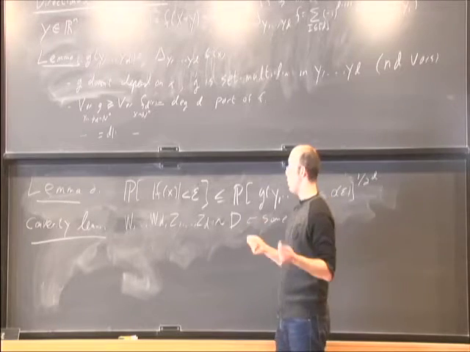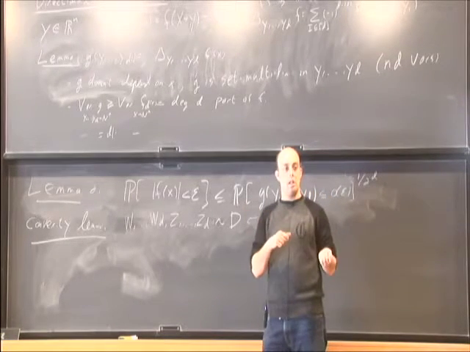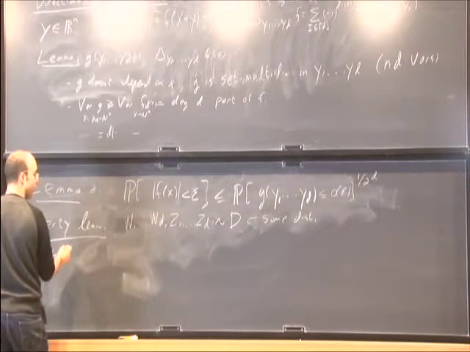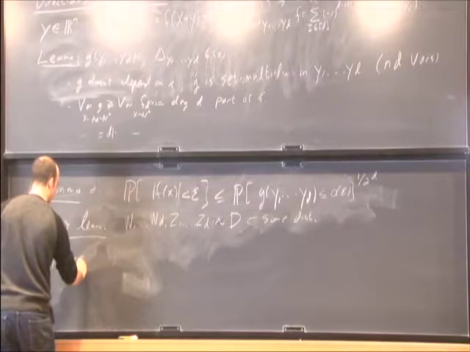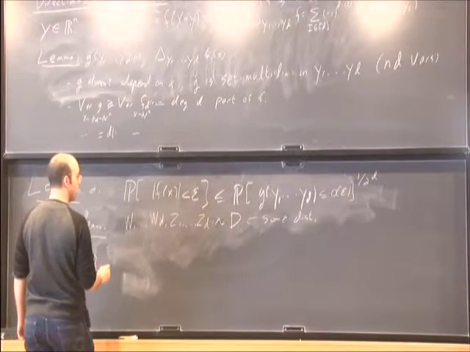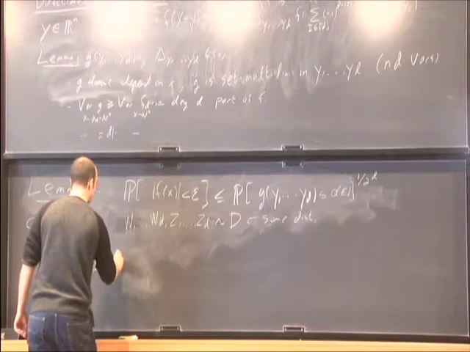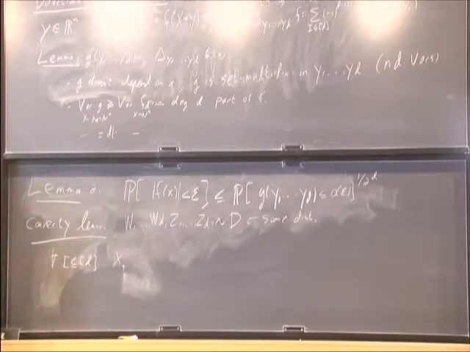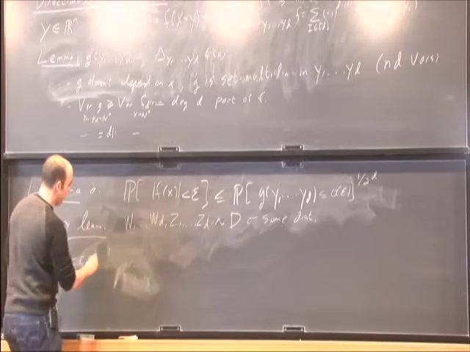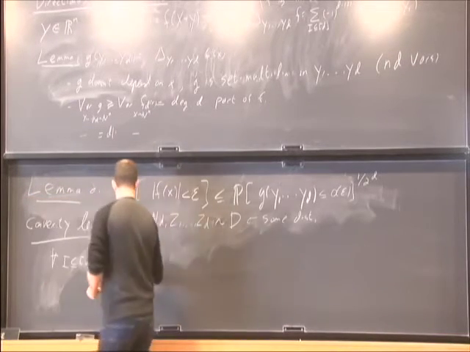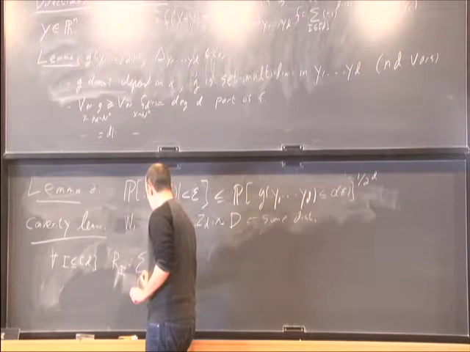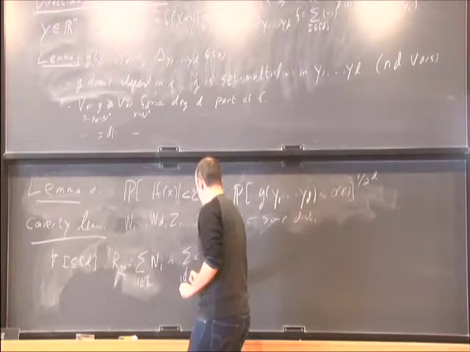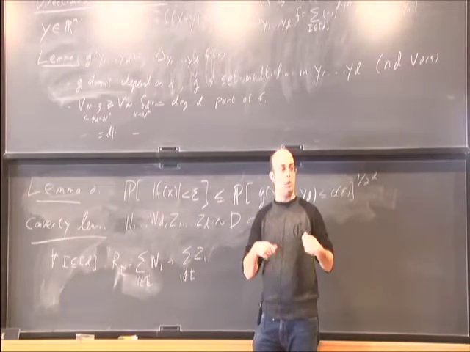And we're going to look at all the partial sums where every time we take either w1 or z1, w2 or z2, and so on. So for every I subset of d, let's define R capital I to be the sum of all wi, i in I, plus the sum of all zi, i not in I. So every time you're summing either w1 or z1, either w2 or z2, and so on.